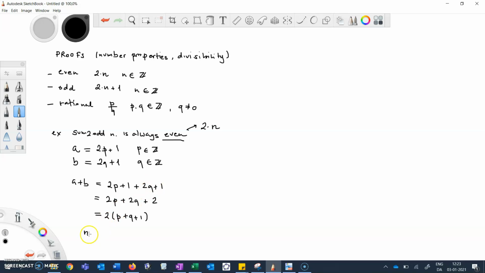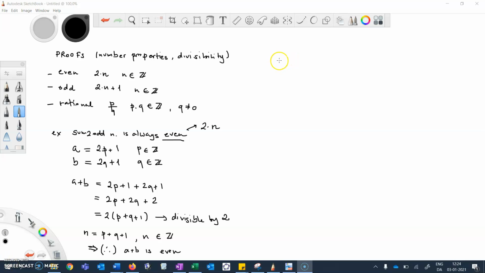So if I identify n as p plus q plus 1, and n is going to be again another integer number, then I have proven that this number is divisible by 2. And therefore, I can use the implication sign, or I can also use the three dots here. It means therefore, a plus b is even.